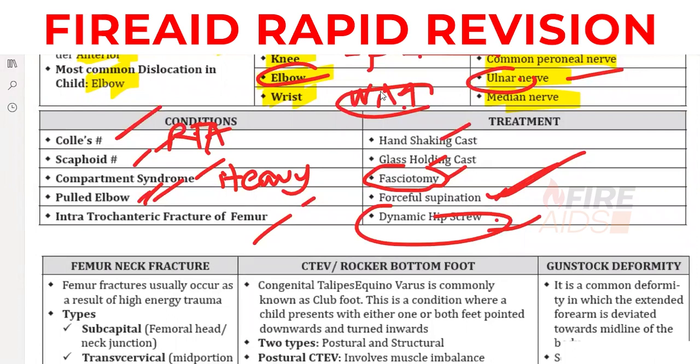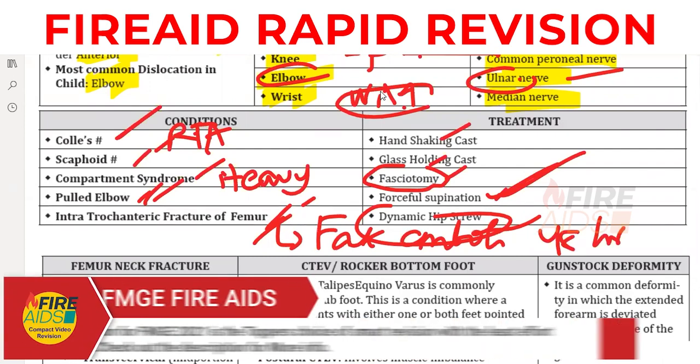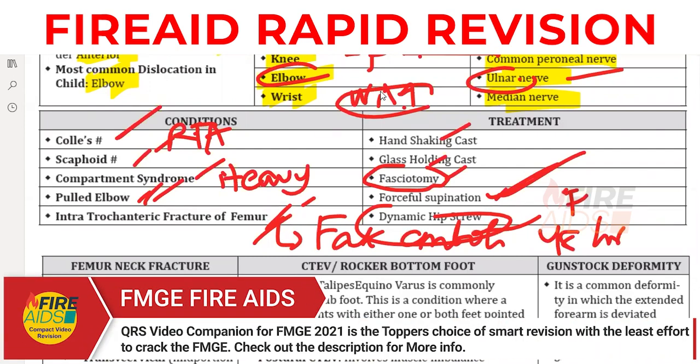What you need to know is that whenever there is a femur fracture, the patient is at risk of fat emboli. This fat emboli occurs within 48 hours. So 3F you have to remember for fracture of femur.